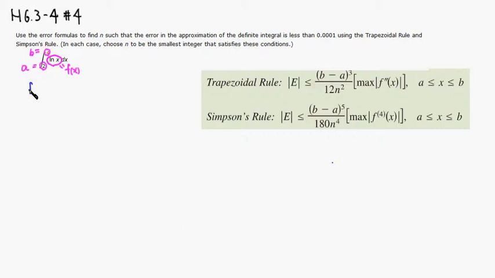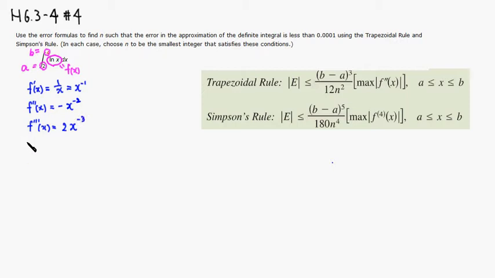So f prime of x is equal to the derivative of natural log of x, which is 1 over x, or we can write it as x to the negative 1 power. Then the second derivative: put the negative 1 in front and subtract 1 from the power. Then the third derivative: put negative 2 in front, so it's positive 2 x, subtract 1 from the power.